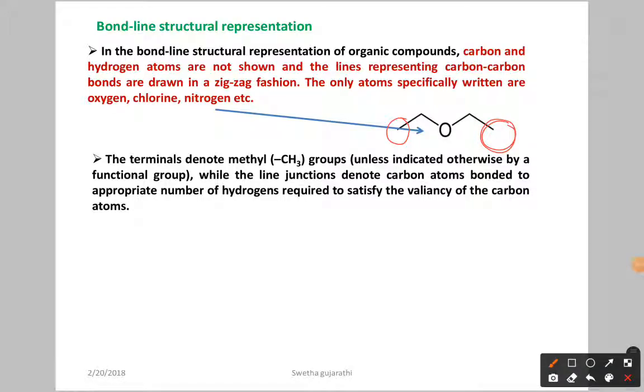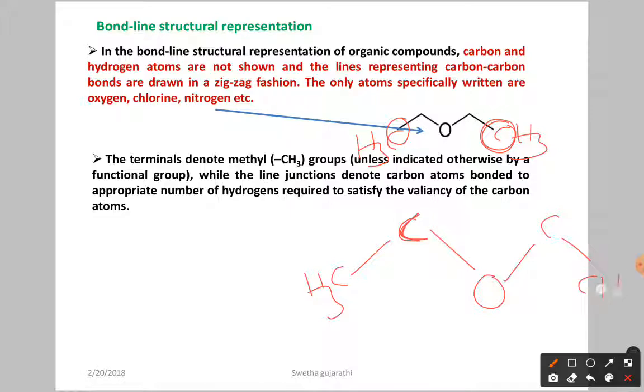This indicates we have a CH3 group. So if you see the structure, CH3 is there. Here one corner, one zigzag turn, means one carbon is there. Here one oxygen and one carbon, and here already we have CH3. But here you see the carbon valence is not satisfied, so you have to satisfy it with the number of hydrogen atoms.